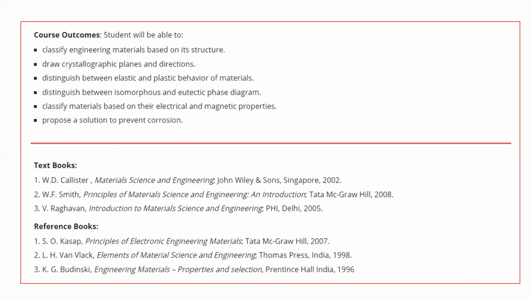Once you are through with all these 6 units in this particular course, you should be able to classify engineering materials based on structure. As I explained, we will not study individual materials, but we will study materials in different classes. So you should be able to classify materials based on their structure.